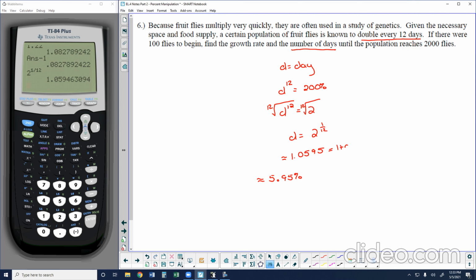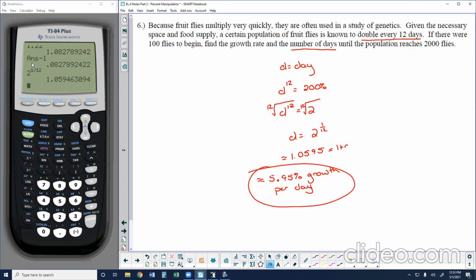So we would subtract the 1 and focus on the percentage, 5.95% growth per day. And now I'm going to leave that value in my calculator because eventually I'm going to come back to that. But this is part of the question.